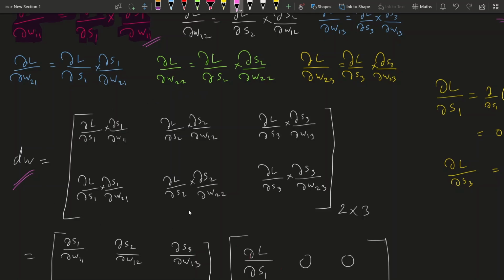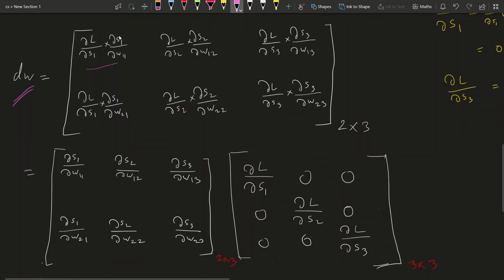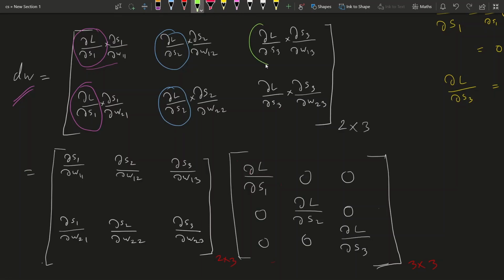Right, now we need to calculate this expression, del L by del S1 and del S1 by del W. But before that, let me tell you that this expression is common in this column. Next, this expression is also common in this column, and del L by del S3 is also common in the third column.